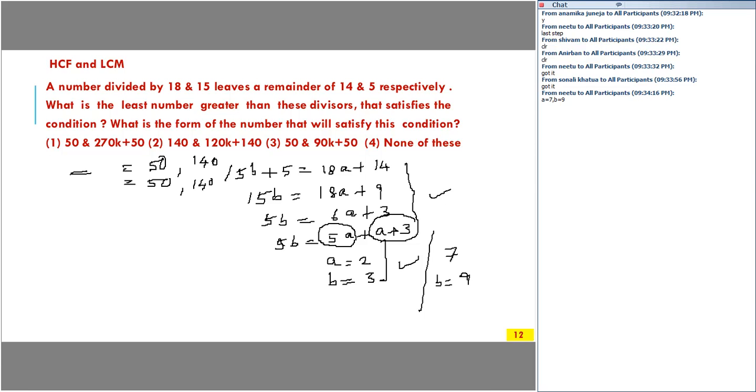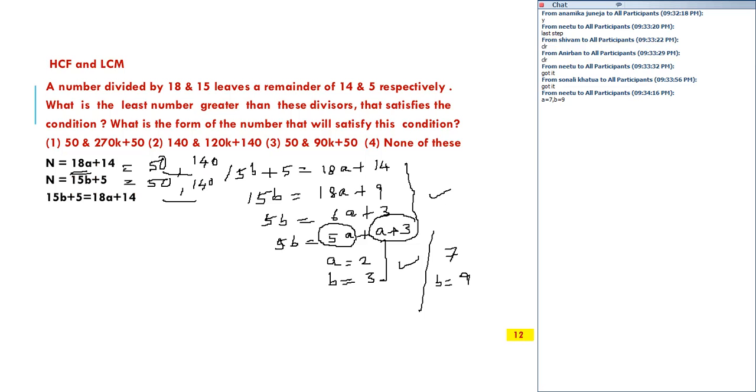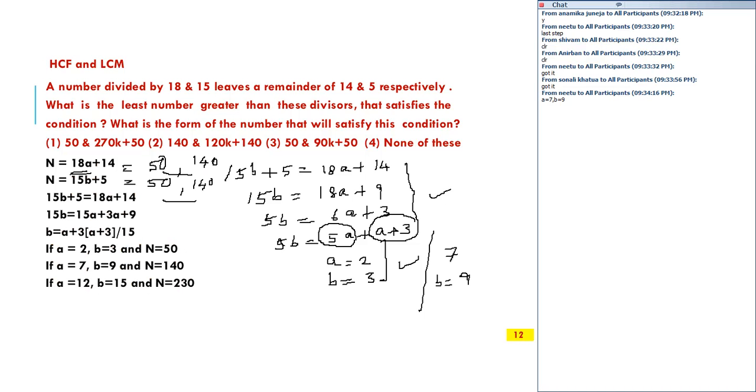So what is it increasing by? 50 has become 140. What is it increasing by? Is 90 the LCM of 18 and 15, or not? So the minimum number is 50, and every time it's increasing by 90, or not?